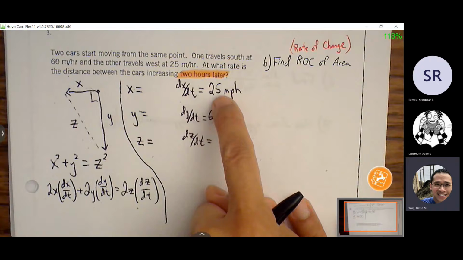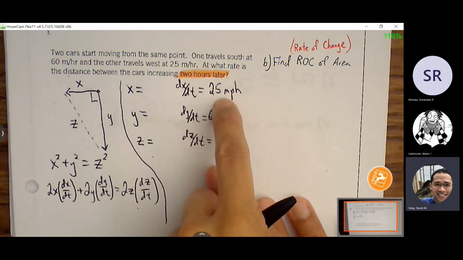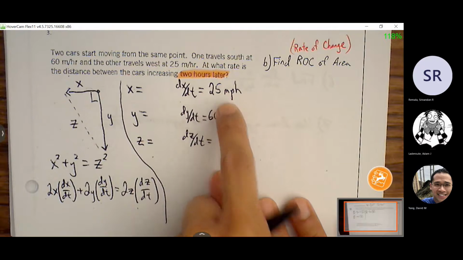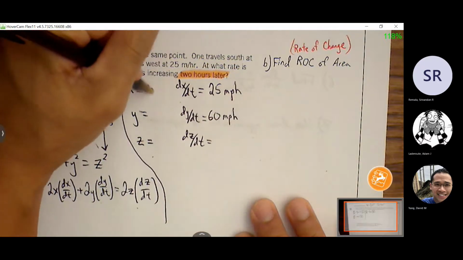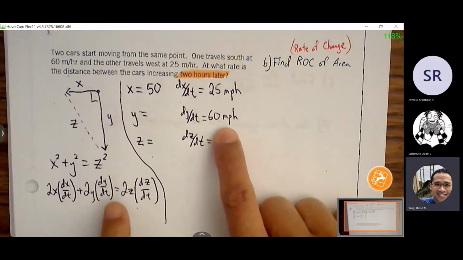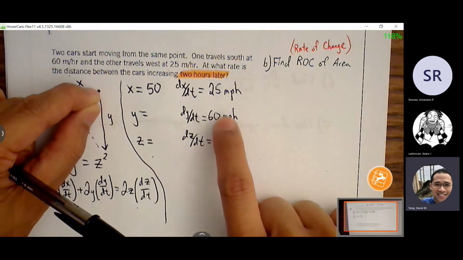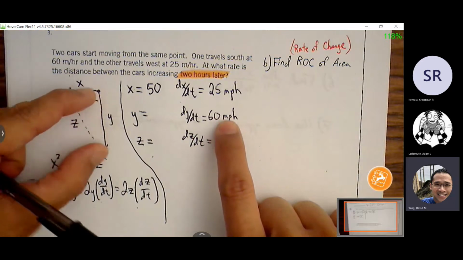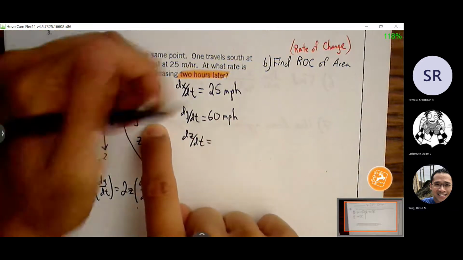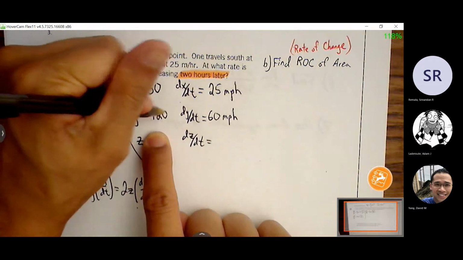So if we're moving at 25 miles per hour for 2 hours, he would have traveled 50 miles in that time interval. Okay, is everybody okay with that? Okay, same idea here, right? If dy/dt is 60 miles per hour, he travels 60 miles per hour for 2 hours, 120.